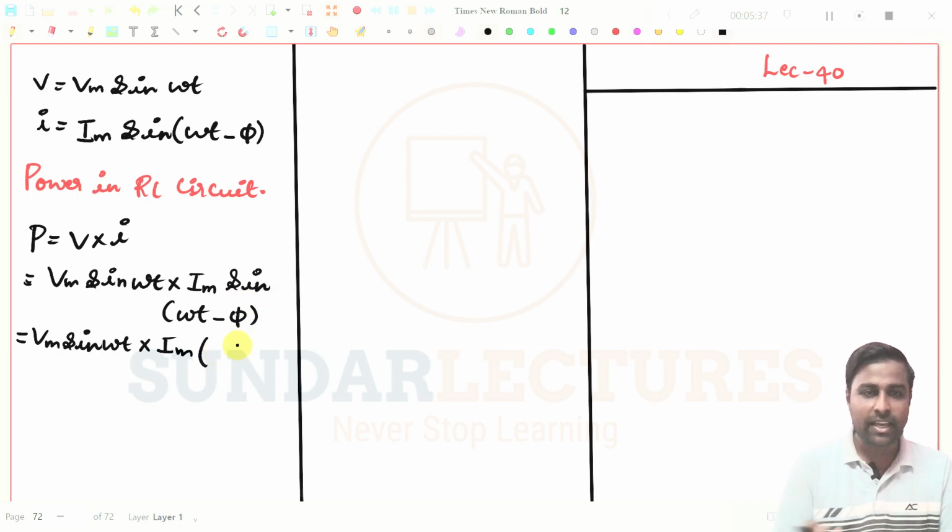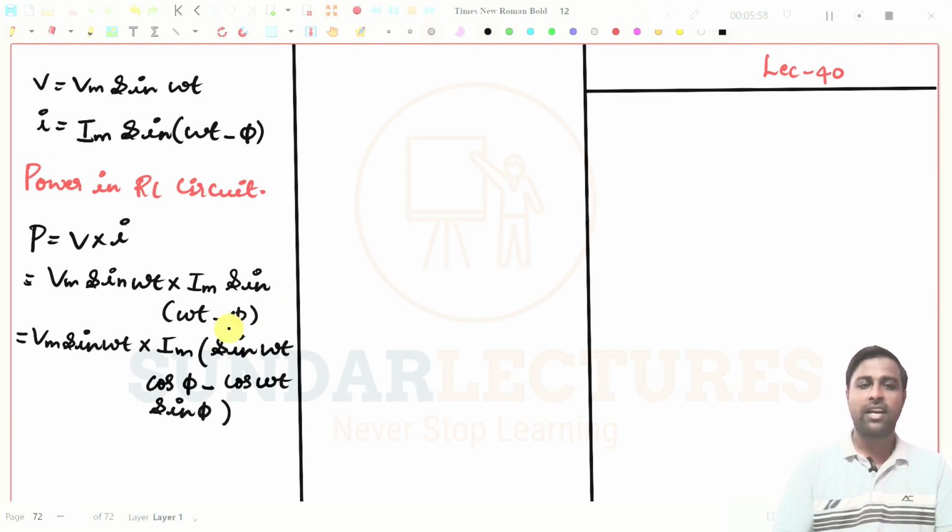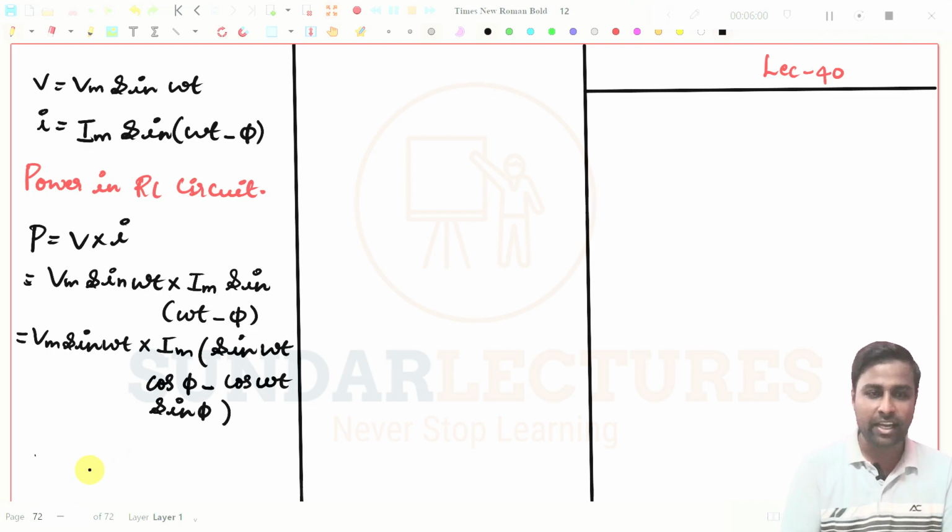So I will write here sine a, that means here it is sine of omega t. Then I can go for cos b, here it is cos pi, minus cos a sin b, right? I have written this one, so I will write it here anyhow so that you can easily understand.